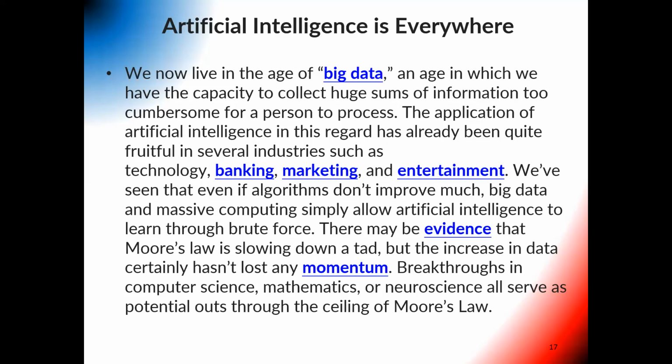So we can't afford to work without artificial intelligence. Okay, we have seen that even if algorithms don't improve much, big data and massive computing simply allow artificial intelligence to learn through brute force, and there may be evidence that Moore's law is slowing down, but the increase in data certainly hasn't lost any momentum.